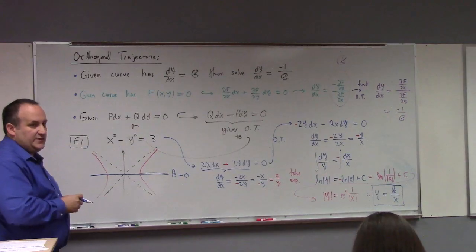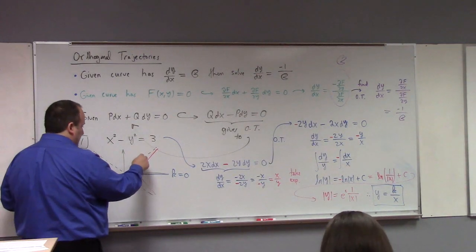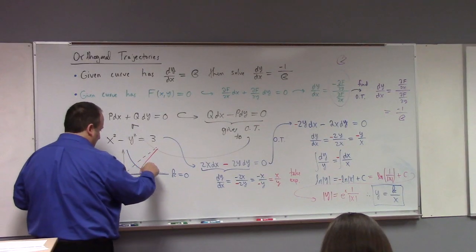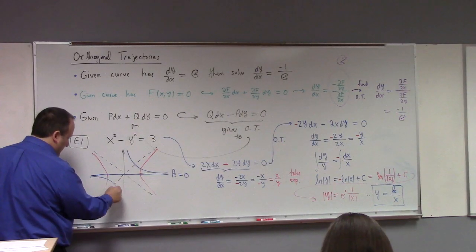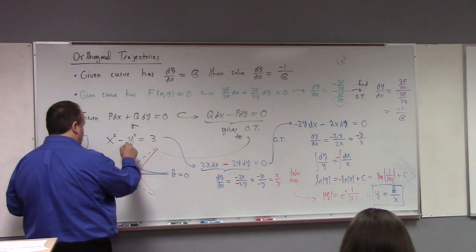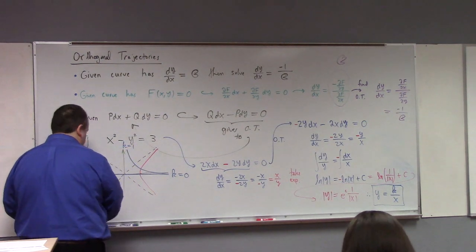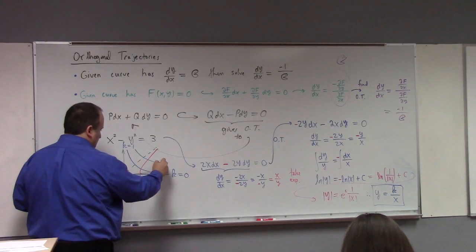What does k equals 1 look like? That's the reciprocal function, right? So that thing looks something like this, and then down here. Here's k equals 1. What does k equals 2 look like? k equals 2 is a little bit further out, so it's something like this.